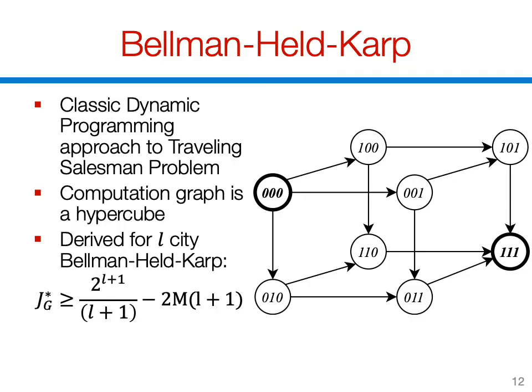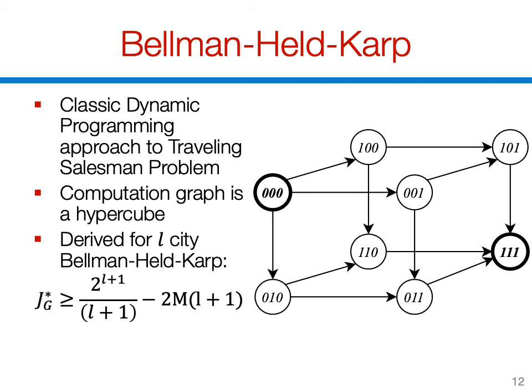In the next section, we're going to briefly discuss some results using this theorem to find closed-form spectral bounds for graphs where we already know the Laplacian spectra. First, consider the Bellman-Held-Karp algorithm for the traveling salesman problem. This is the traditional dynamic programming approach. The algorithm solves for the optimal path visiting a subset of the cities by leveraging the computed optimal paths through adjacent subsets with one fewer city.